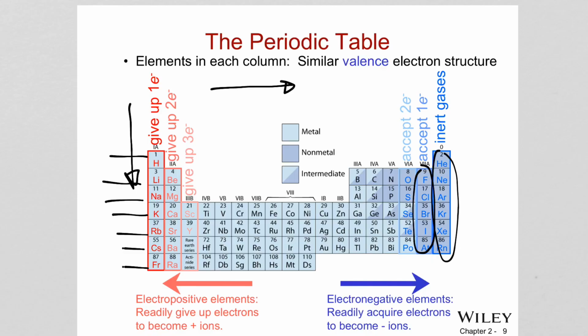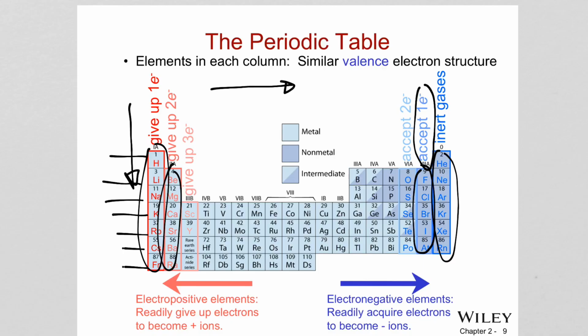Group 1 here, the alkali metals, have 1 valence electron and they are highly reactive. Group 2, alkaline earth metals, they have 2 valence electrons. Group 17, for example, are halogens, and they have 7 valence electrons and would love to get an electron.